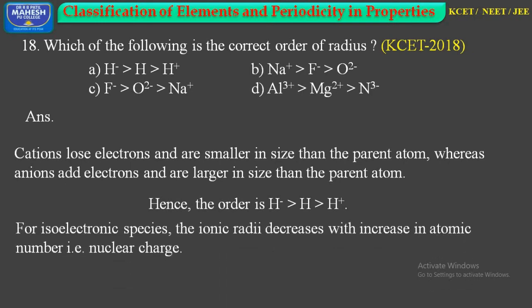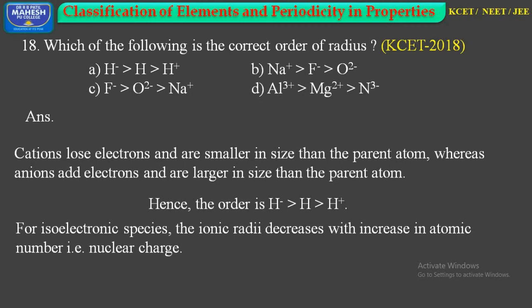But students, for isoelectronic species, the ionic radii decrease with increase in atomic number. That is, when nuclear charge increases, then atomic size decreases.